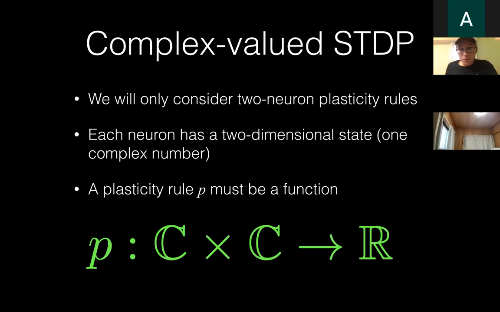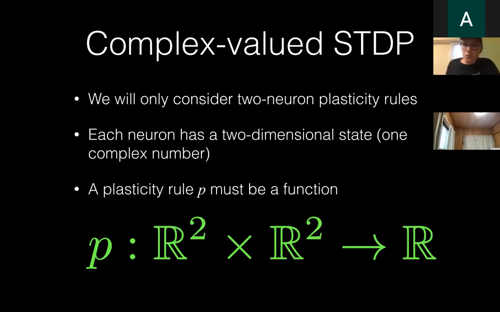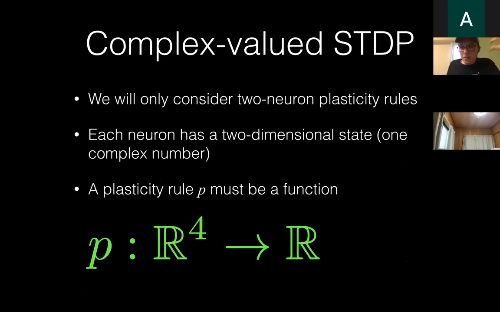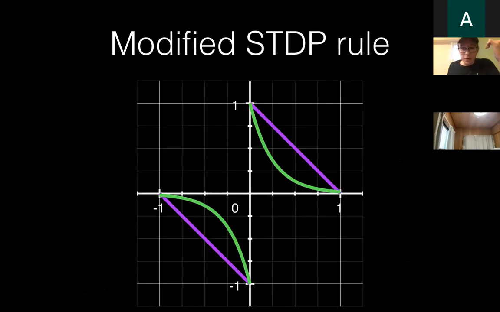So our complex valued learning rule has to be a function from the state of 2 complex neurons to a real valued weight update. So a complex number is sort of like 2 real numbers. So we're basically having to map from a 4D vector space to a 1D vector space. So this is hard to visualize, and we tried.